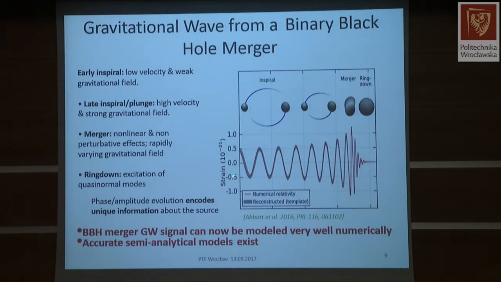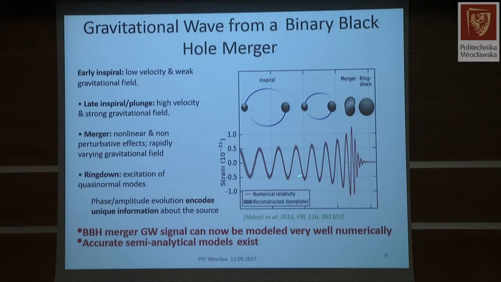So you have a signal with increasing frequency and amplitude until the black holes coalesce. Then you have a short impulse, and then they coalesce into a black hole that also vibrates. So you also have normal modes.